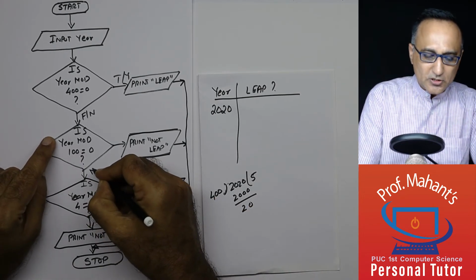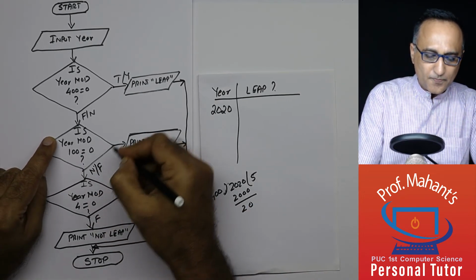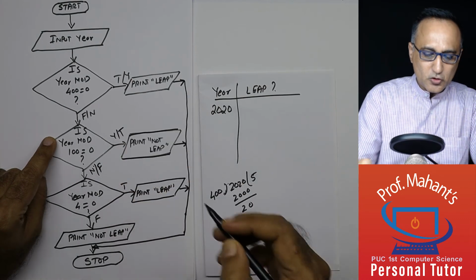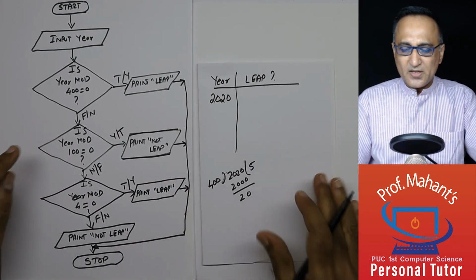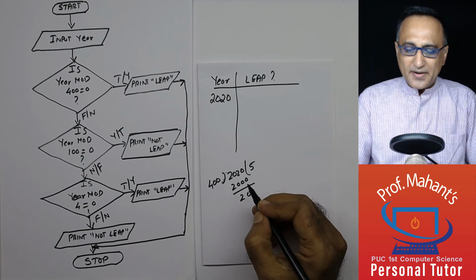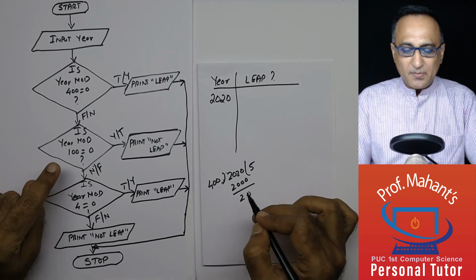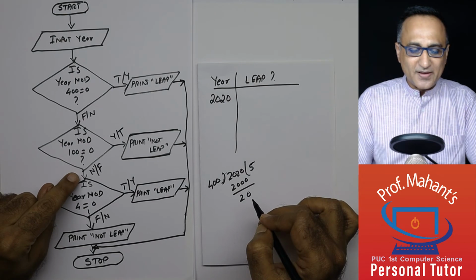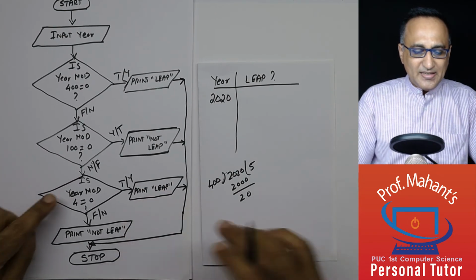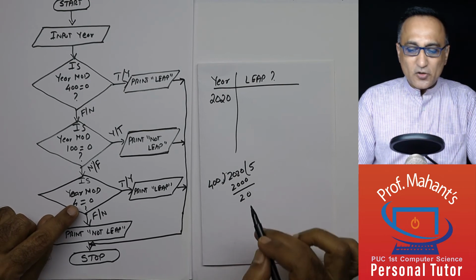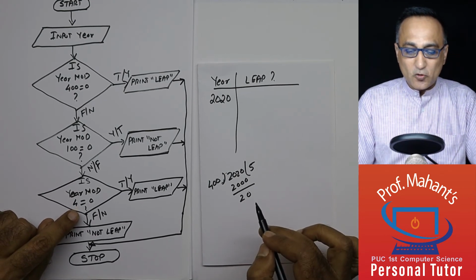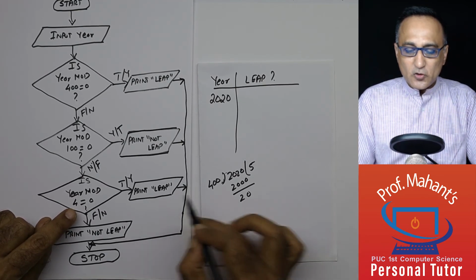So this also is false or no. This is yes or true, this is false or no. So this condition fails. Now, is 2020 divided by 4, the remainder 0? Yes, the remainder is 0. So it is going to print leap.